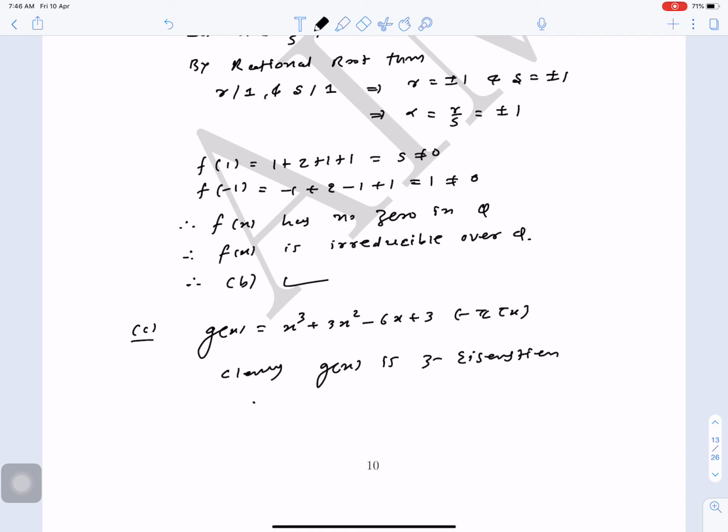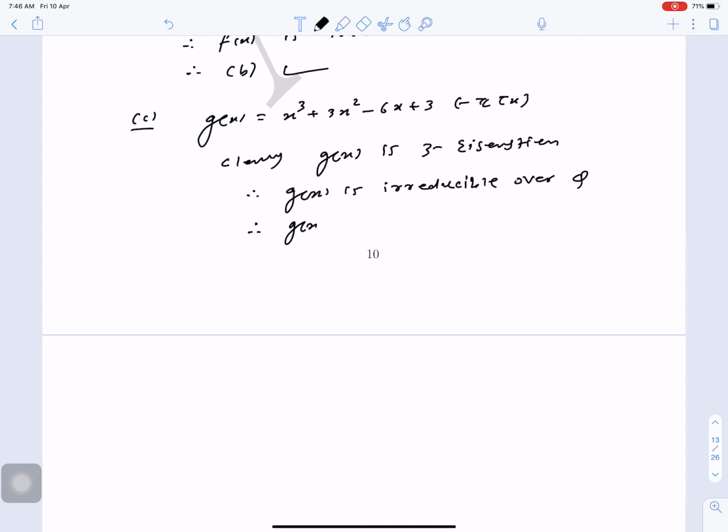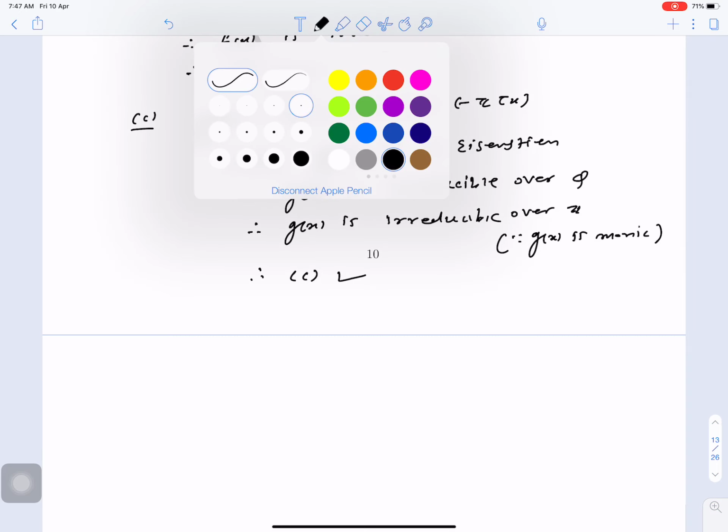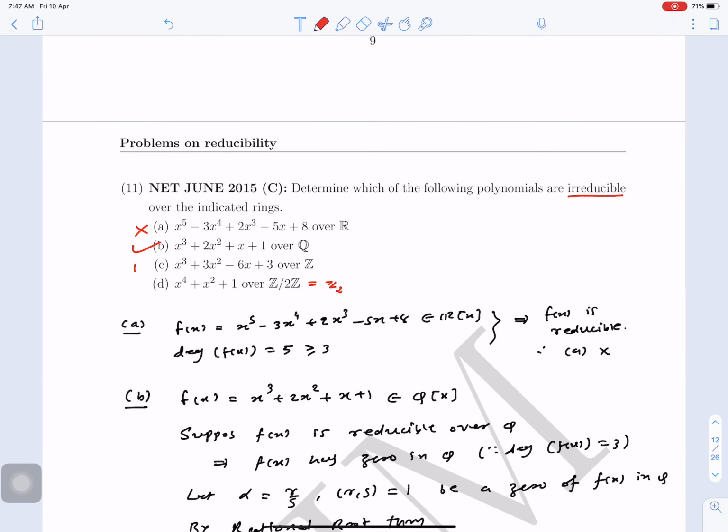So therefore g(x) is irreducible over Q. Therefore g(x) is irreducible over Z because g(x) is monic. So if it is monic, then irreducible over Q implies irreducible over Z. So therefore option C is correct.